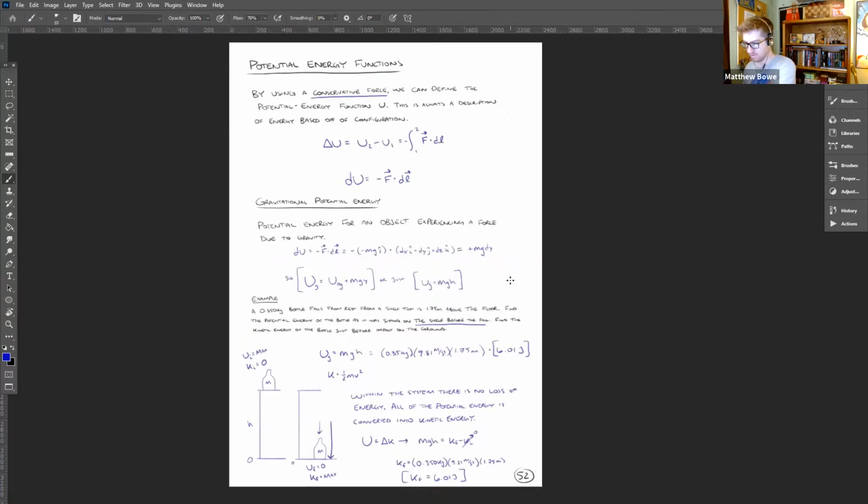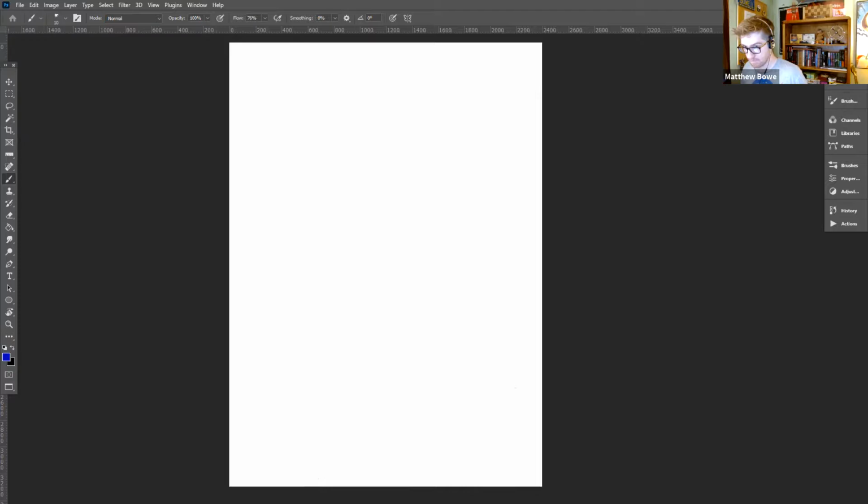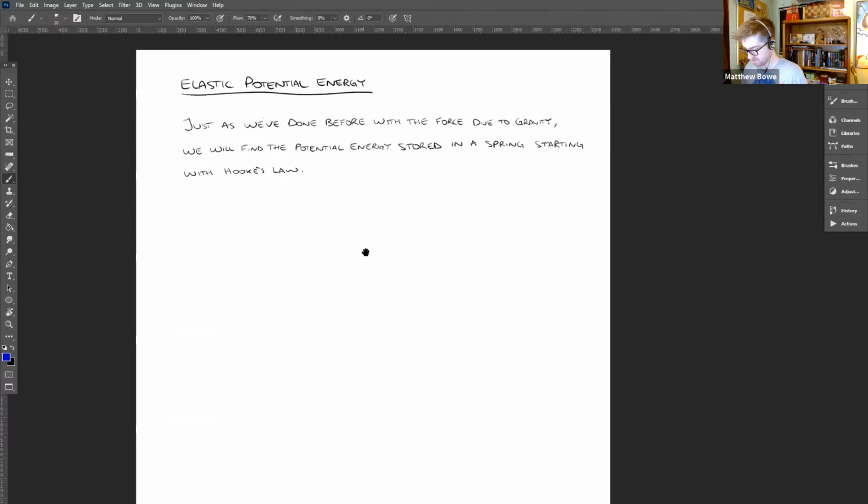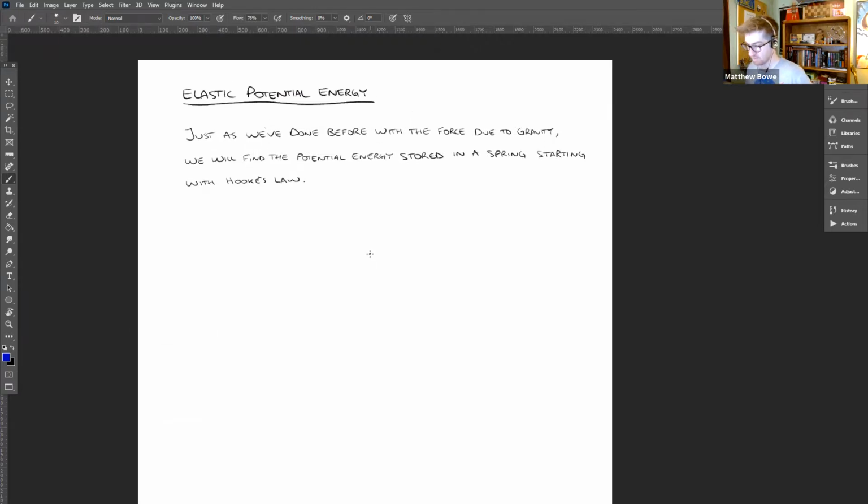And we have just enough time for elastic potential energy. All right. Same exact setup as before with gravitational potential energy, except this time we're using Hooke's law.